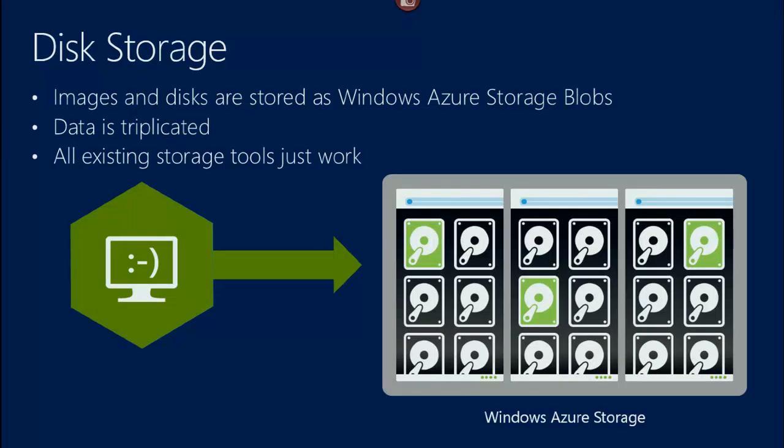And blobs are what your PaaS would stick video files and images and binaries, even packages that you would pull into your virtual machines. What we decided to do when we set out to design infrastructure service is not to create a second storage subsystem, but rather make Windows Azure Storage great at serving block storage using the blob technology that's already there.